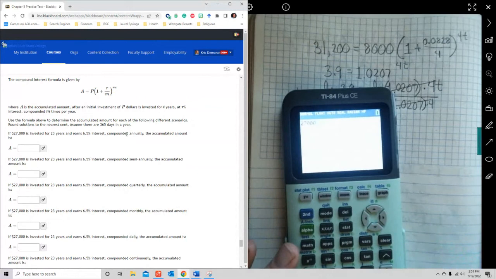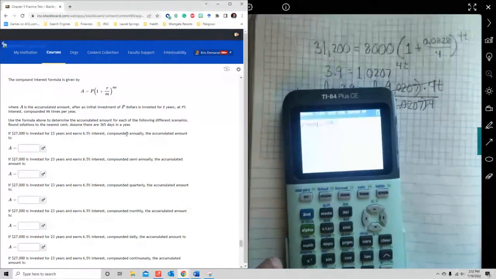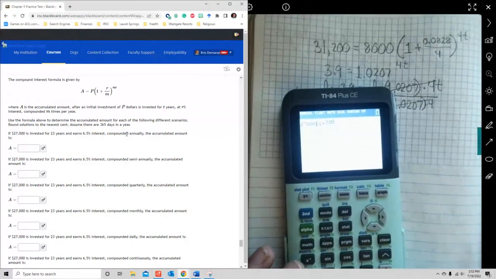27,000, and then open parenthesis 1 plus, and then I'm going to put a fraction in there. The rate is 6.5%. We don't have a percent sign in here, so 0.065, all divided by, it says it's compounded annually, so I'm going to put a 1 in there.